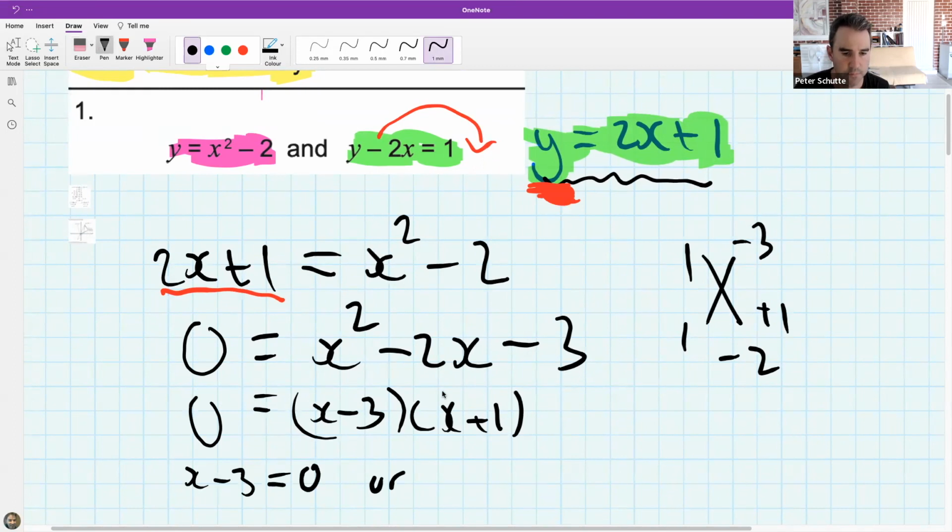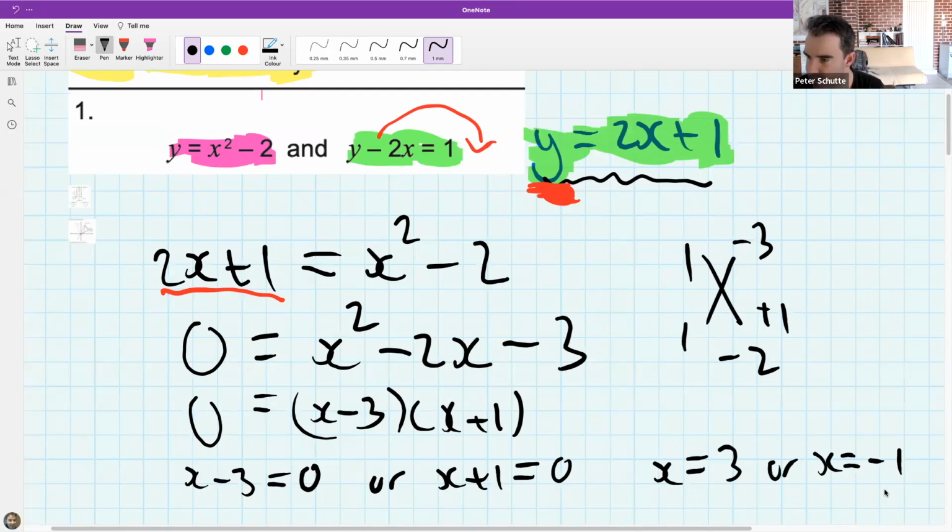Trying to go too fast. So we should get x is 3 or x is minus 1.